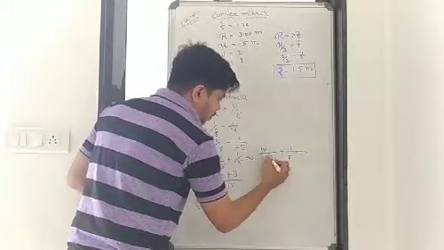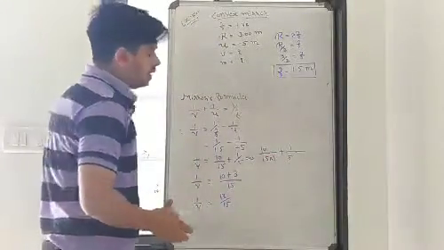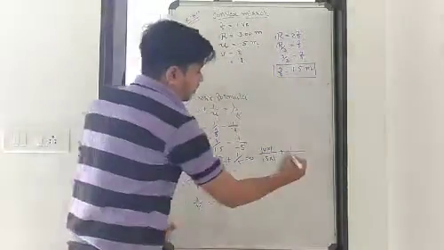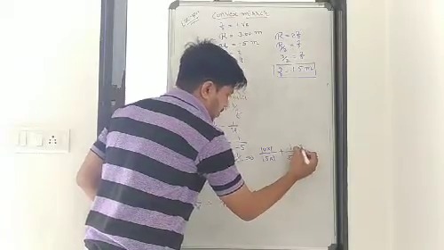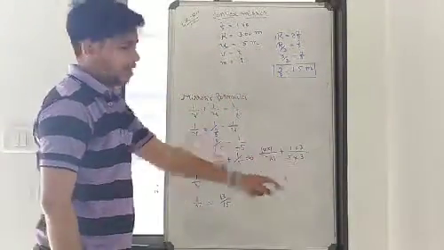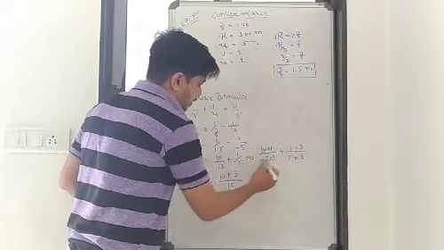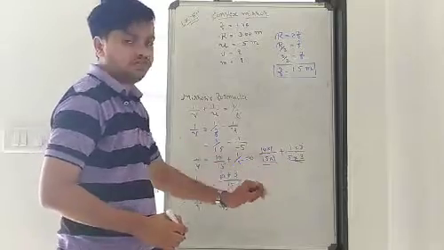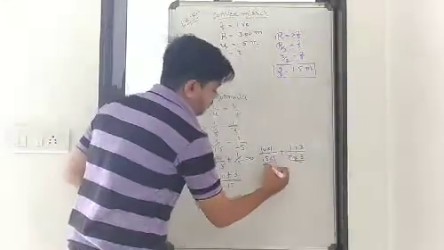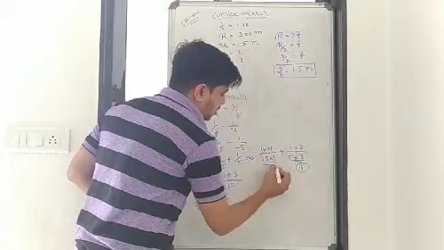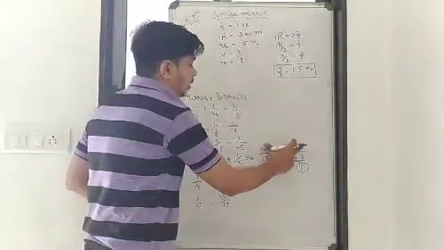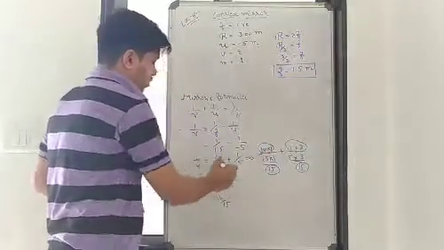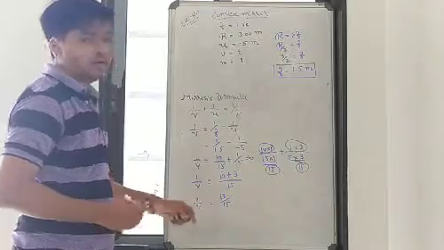The LCM is 15, so 15 times 1 gives you 15. For the second term, 5 times 3 is 15, so you have to multiply by 3 here also. Just because of that, it gives you a 10 and a 3, and the common denominator is 15. Denominators are the same, so you take the direct addition of the numerators, 10 plus 3 by 15, which gives you 13 by 15.